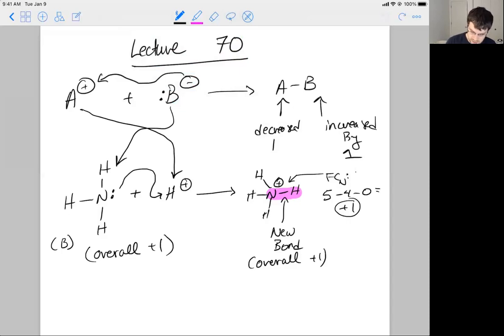That's kind of awkward. Let me put those lone pair of electrons right there. What I'm really showing is the movement of electrons, and in this case, 2 electrons. And in most cases, for the rest of the semester, for the most part, we'll see 2 electron movement.